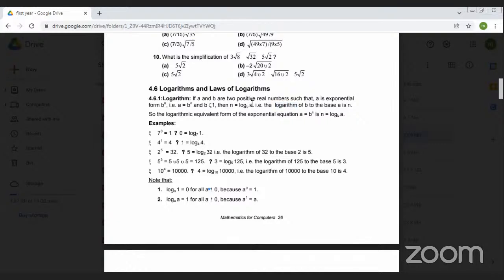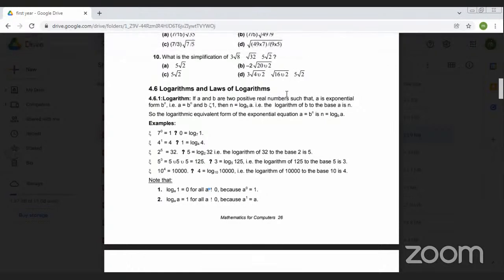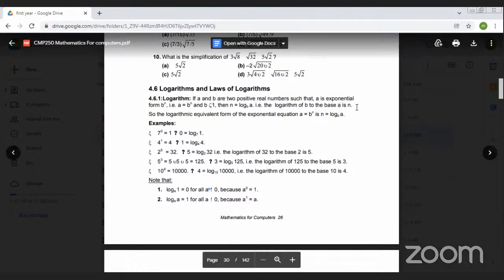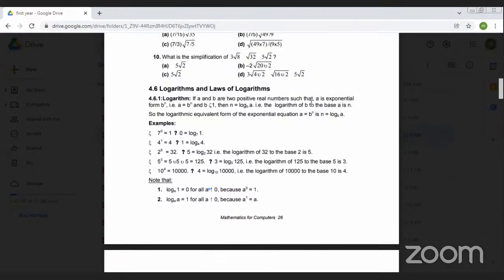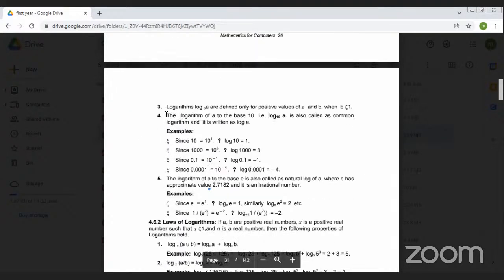Logarithm of a to the base b. It should be in this form. Understood? Just make it correctly. Because b is my base now, so it should be base b and the logarithm of a, this part. Log of a to the base b. This is how you read it.